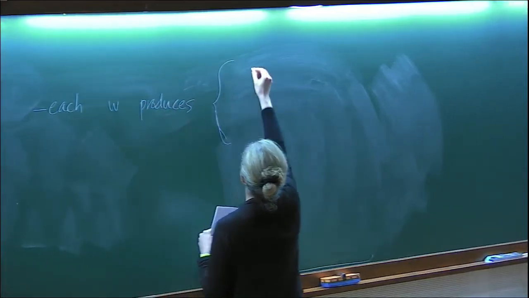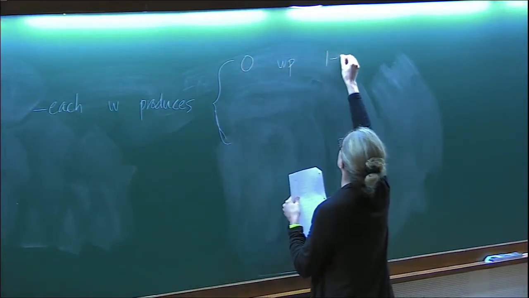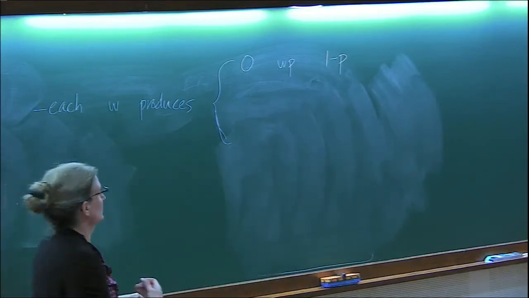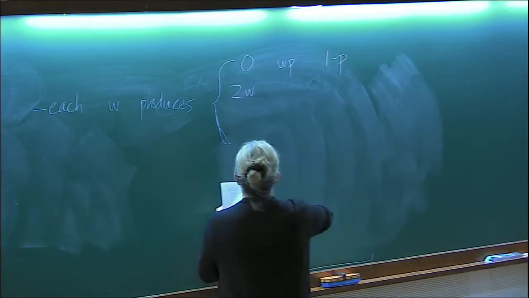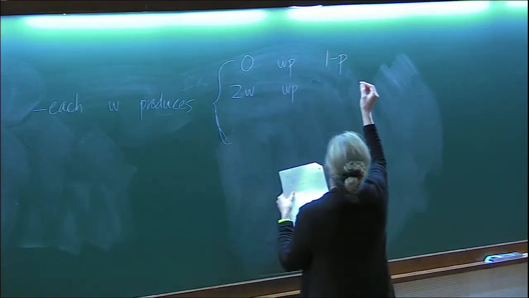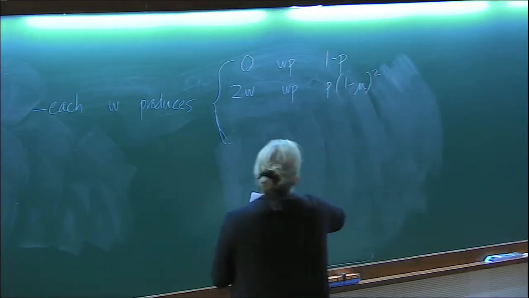Let's say 0 offspring with probability 1 minus p. So p is like the probability that you mature and have offspring. Or they maybe produce 2 wild type because they're a bacterium with probability p(1 minus mu) squared.